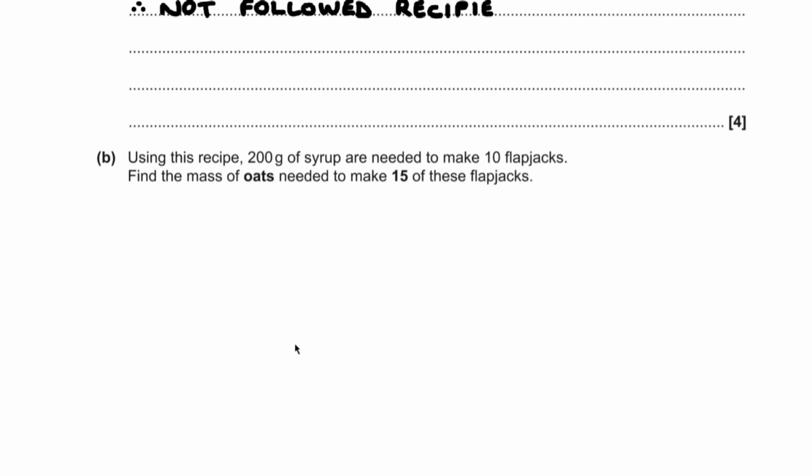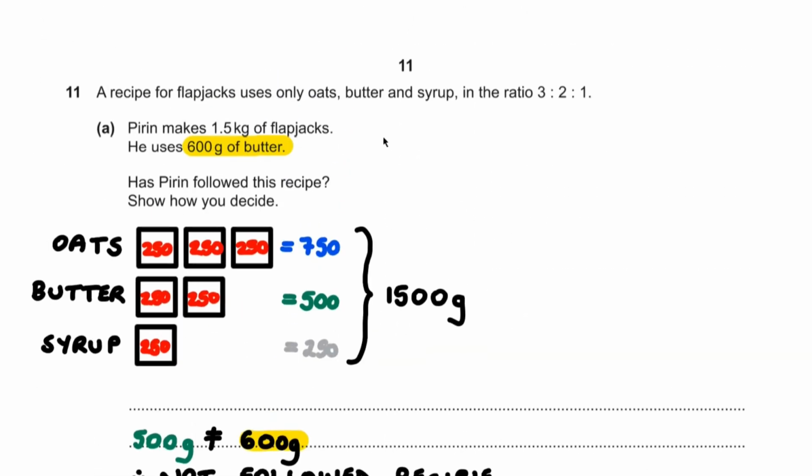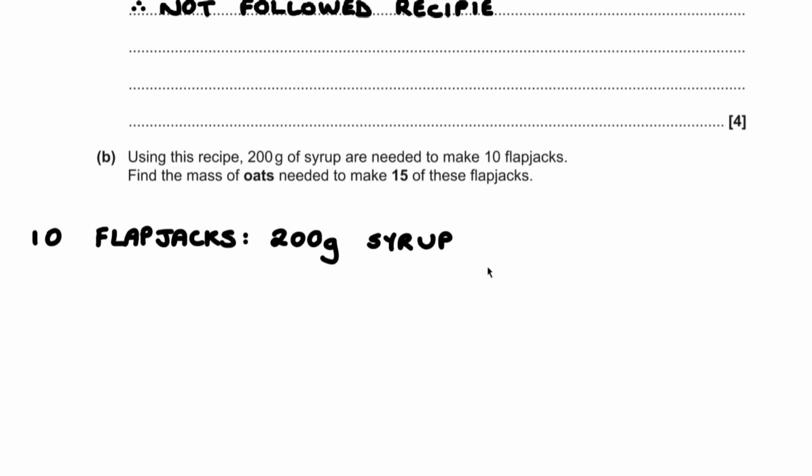We have to find the mass of oats needed to make 15 of these flapjacks. So, for 10 flapjacks, we know we need 200 grams of syrup. And if I think about this ratio of oats to butter to syrup, I've got 3 to 2 to 1. So to find out how much oats I need, I multiply syrup by 3. So if I do 200 times 3, I get 600. So I require 600 grams of oats for 10 flapjacks.